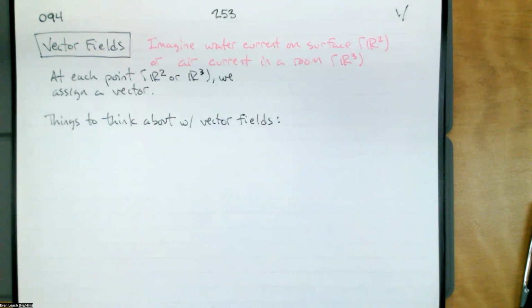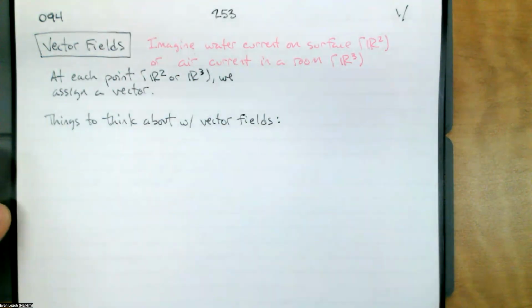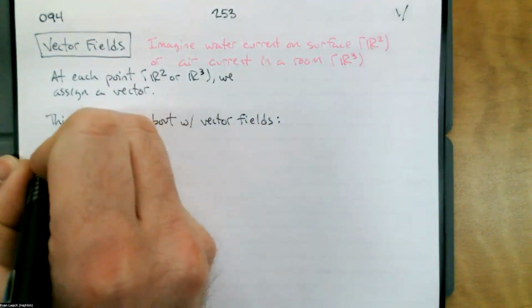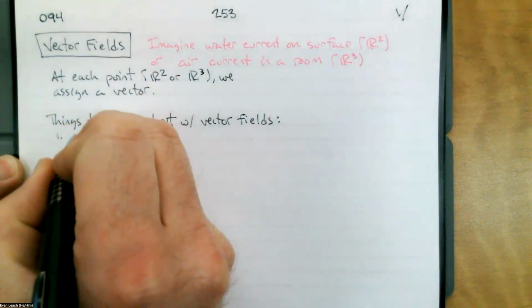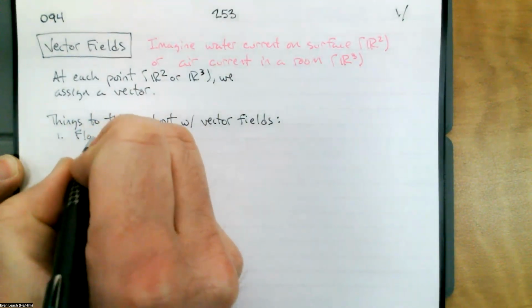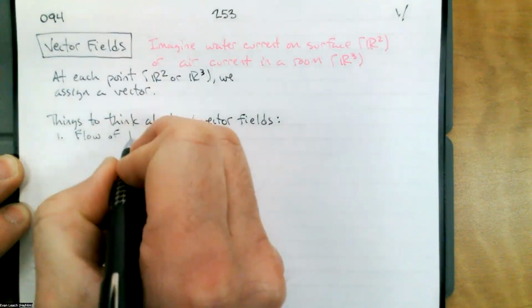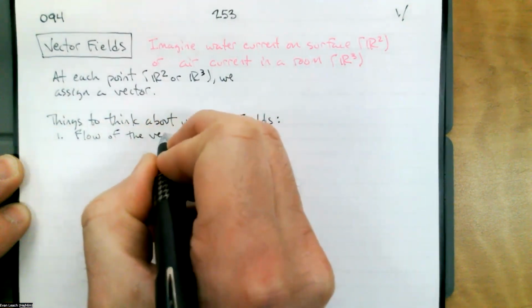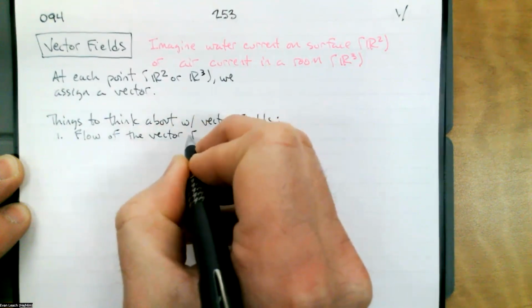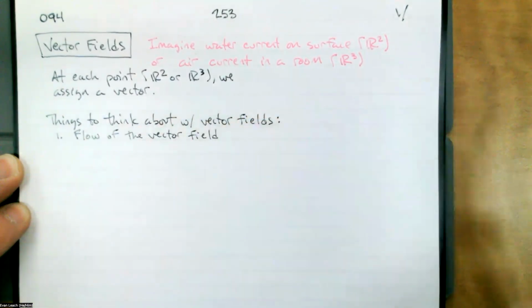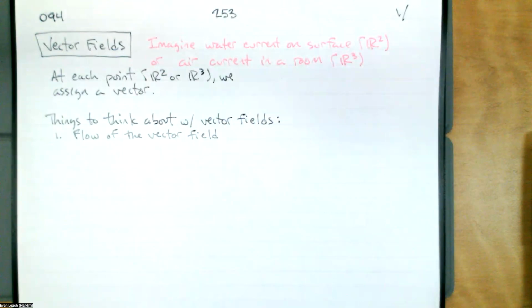Here are the things that we want to think about in terms of the vector field. One of those things is the flow of the vector field. We want to think about the flow of the vector field.